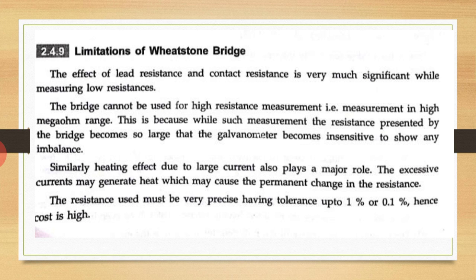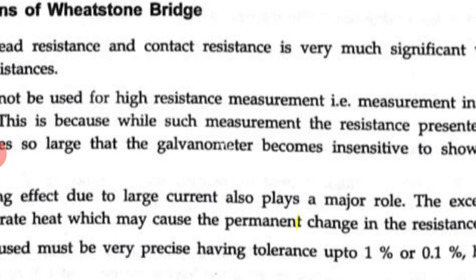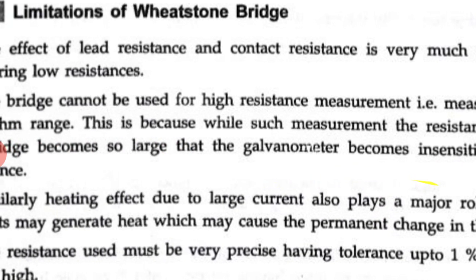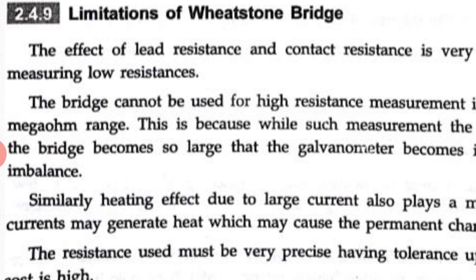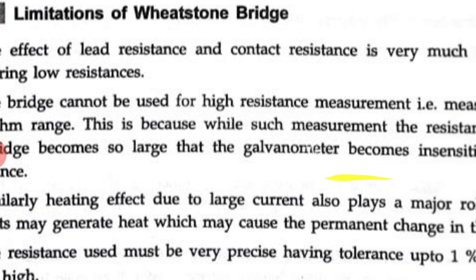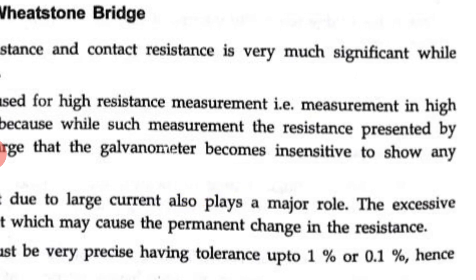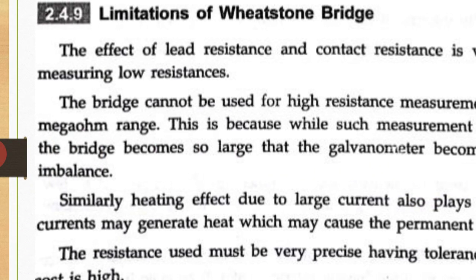Next are the limitations of the Wheatstone bridge. The effect of lead resistance and contact resistance is very significant while measuring low resistance. This is very important: the connecting lead resistances are included, so they are very significant when measuring low resistance.